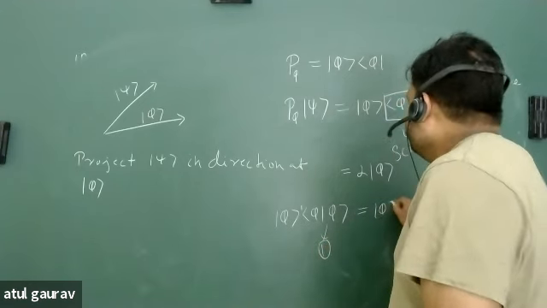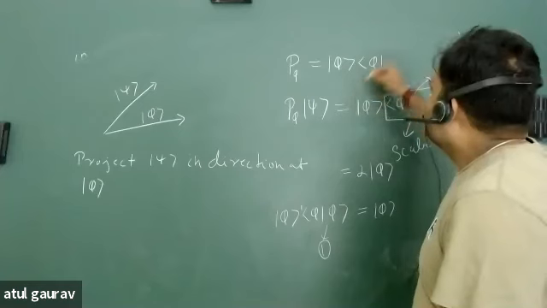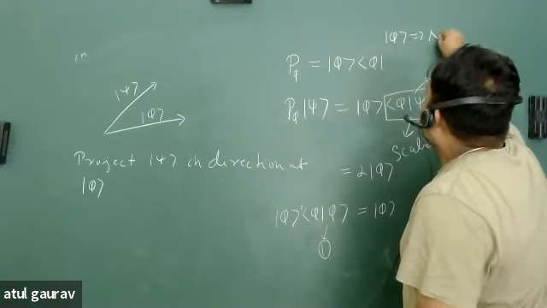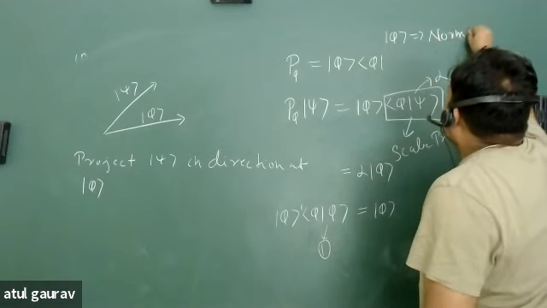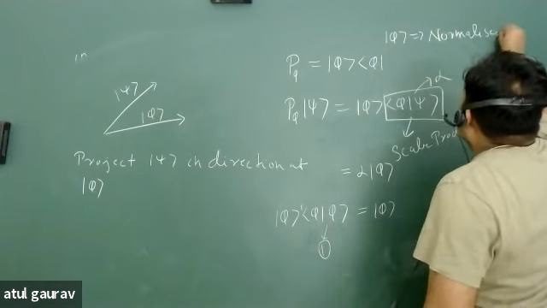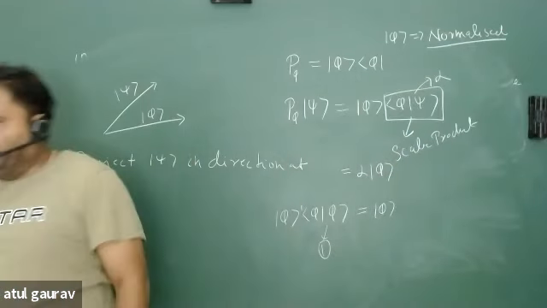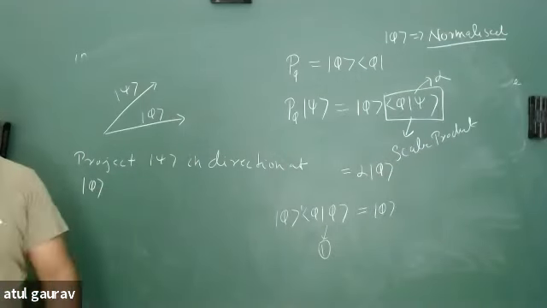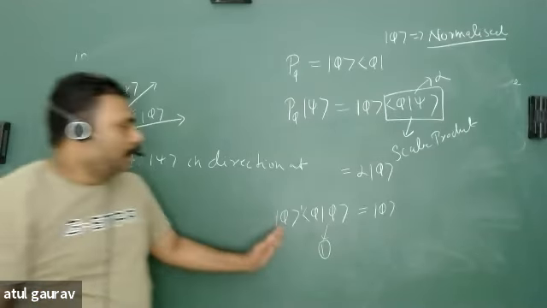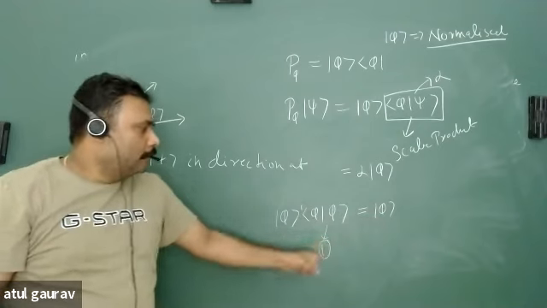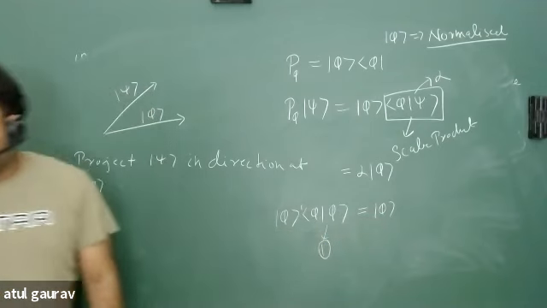So this will be phi. Here I have to make sure that phi must be normalized. When you are talking about the projector operator, phi must be normalized. Then phi will operate on phi, and you will get the same vector because this value is 1, because it is normalized.